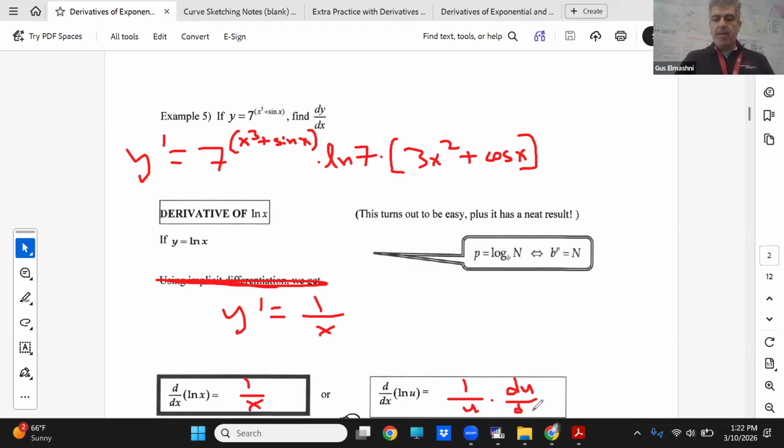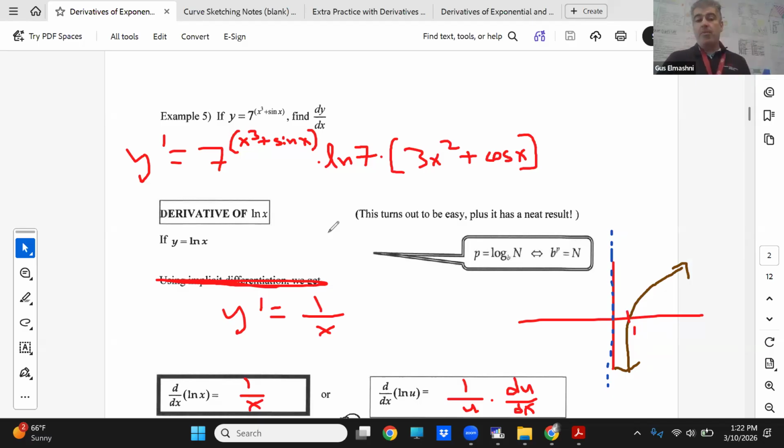And why does that make sense? Because if you look at the natural log, you guys remember how the graph looks? I'm giving you a crash refresher on logs today, as well as exponential functions. What's the x-intercept for that, by the way? It's one. Now, if you draw the tangent lines, are they positive or negative?